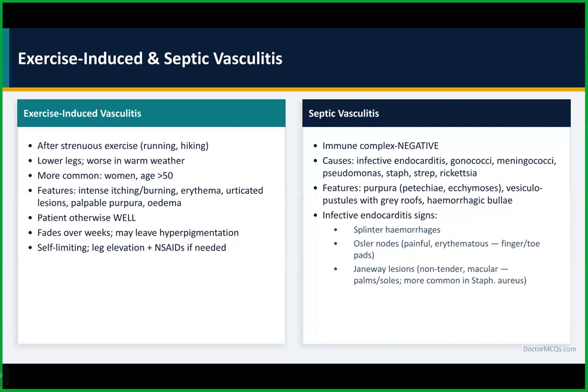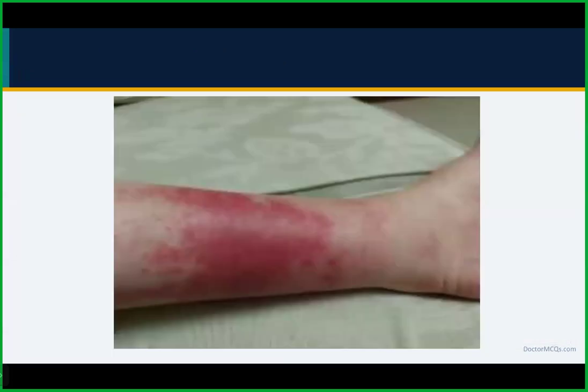What signs do we have of infective endocarditis? Number one is splinter hemorrhages, Osler nodes that are very painful and mostly on the fingers and toes of the patient. The other one is Janeway lesions. Osler's are painful, but Janeway are non-tender and are on the palms and soles. So there are two things: Osler's that can be on the fingers and toes, and Janeway that's mostly on the palms and soles. This is exercise induced.